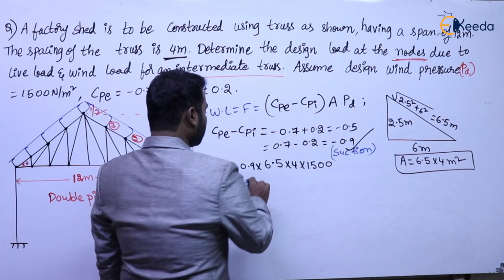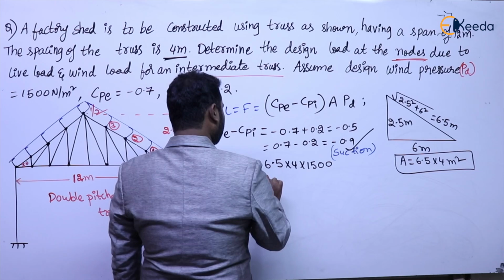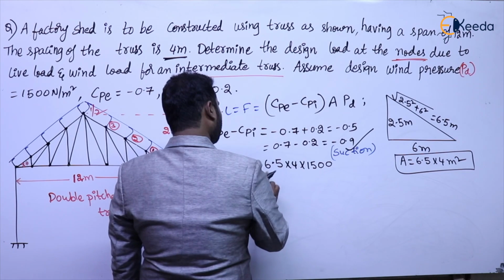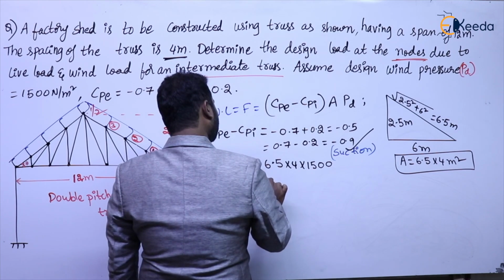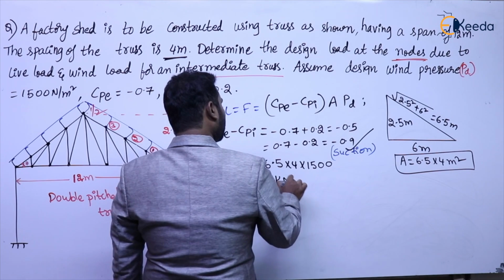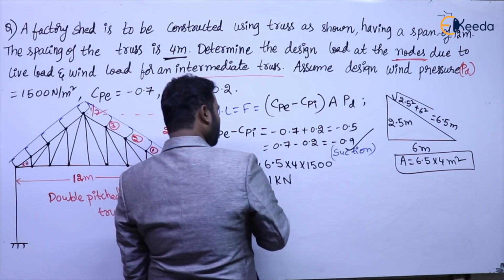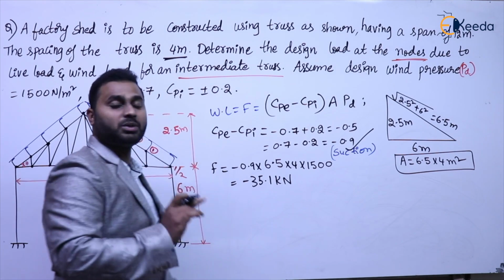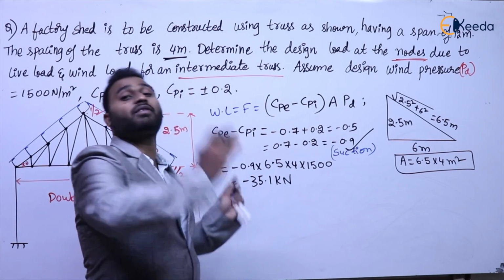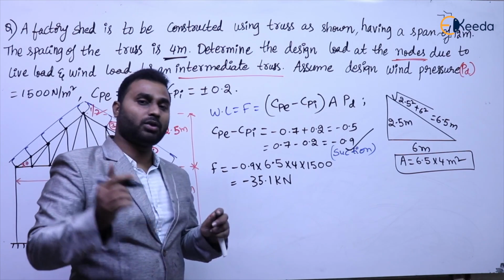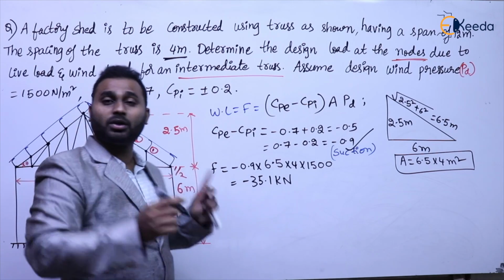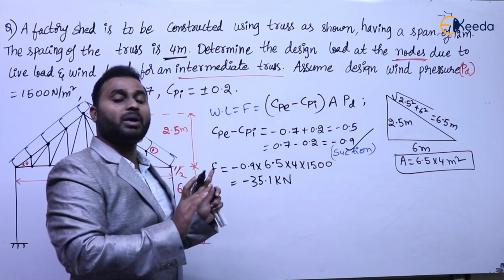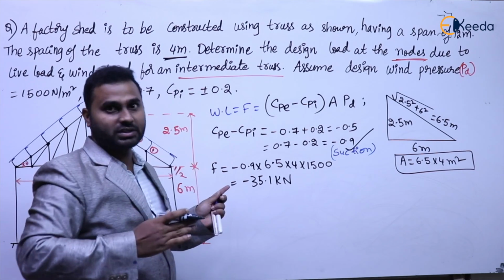Minus 35.1 kilonewton. As I said, negative indicates suction. It means that wind load acts away from the truss, not towards the truss. Even though the wind load direction is perpendicular to the principal rafter, that perpendicular direction is away from the truss. Is that okay?